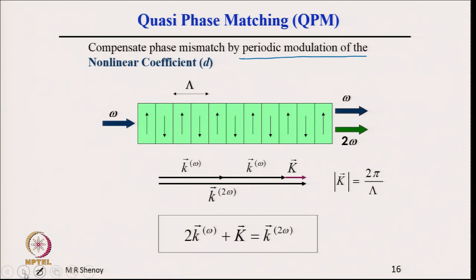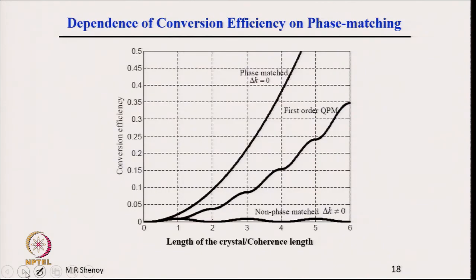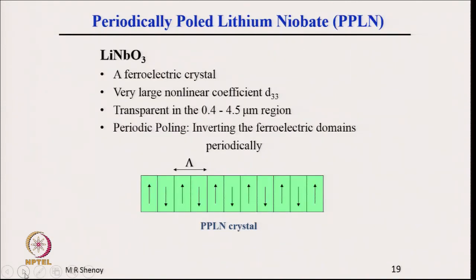Let me show this. Here, if we take lithium niobate, a material which can be periodically poled. Periodic poling refers to inverting the ferroelectric domains periodically.